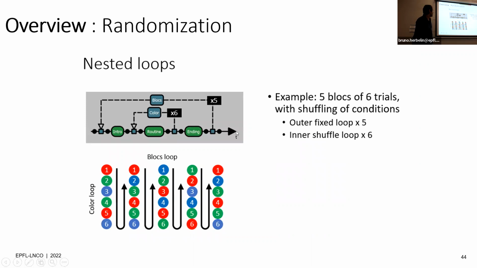So if you nest loops like this, you will do 6 times here, but you will go 5 times here, so you will do that 6 times. The randomization is made once. It will compute the number of times you need to randomize, and it will do that in a row.